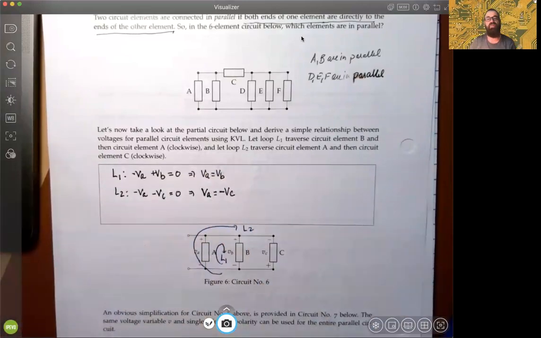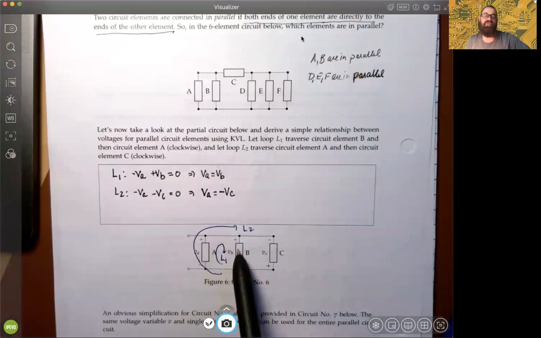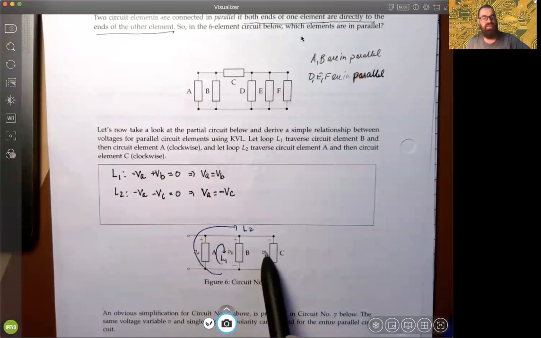It's interesting that the two voltages are exactly the same on A and B, while VA is the same magnitude, but not the same sign, as the voltage for C.